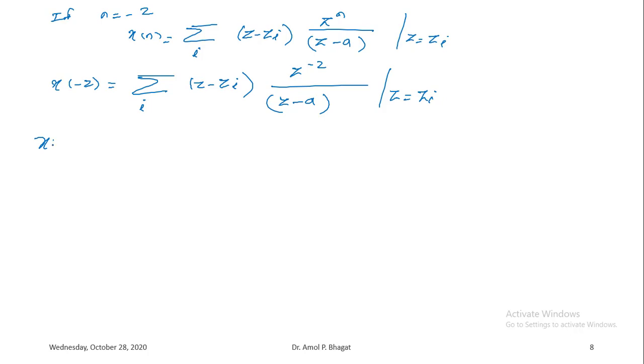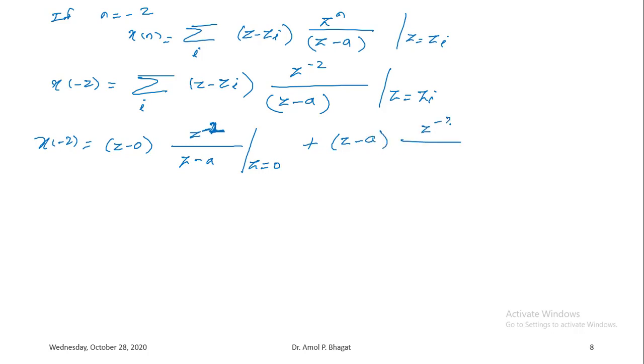So for x of -2, first I will substitute zi is equals to 0, so it will be z minus 0 into z to the power minus 2 upon z minus a, at z is equals to 0. Another for z is equals to a, so z minus a, again z to the power minus 2 upon z minus a, at z is equals to a.